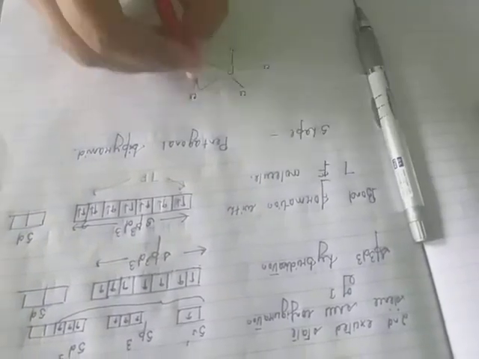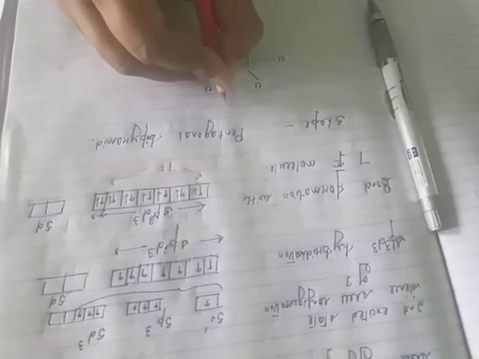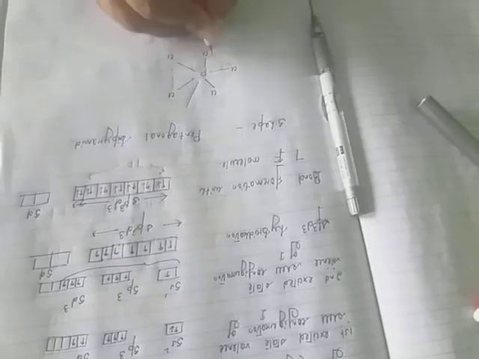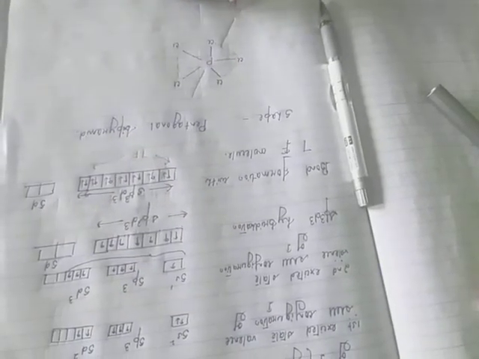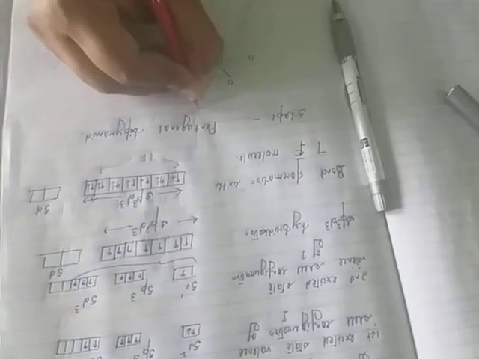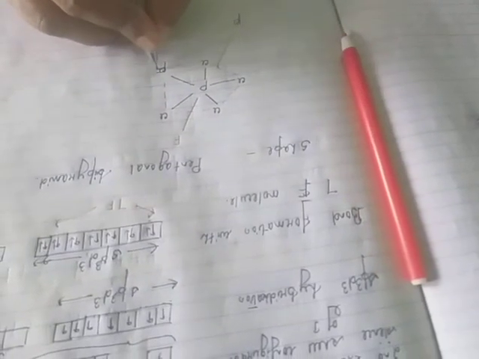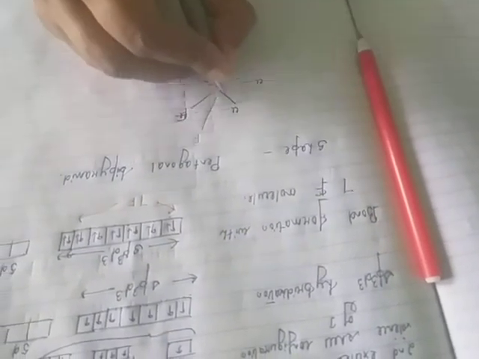Now in this regular pentagon, above the plane and below the plane, one is above the plane, another is below the plane. The two F atoms will be there, IF7, it is not chlorine, it will be fluorine.